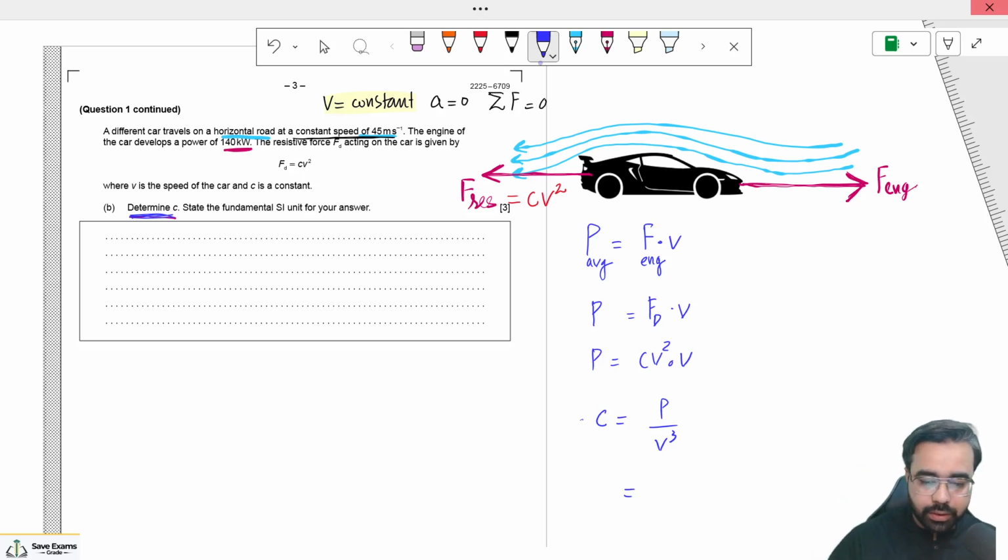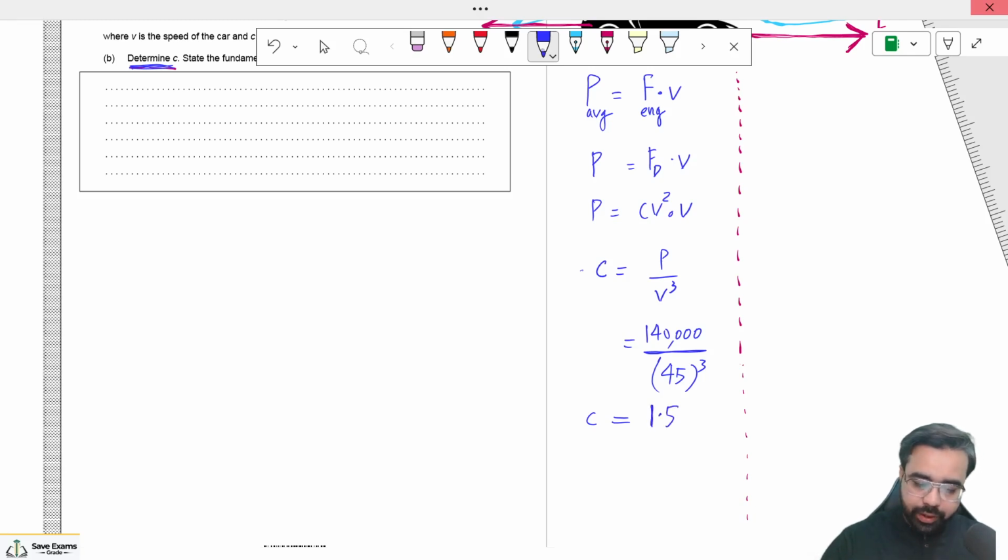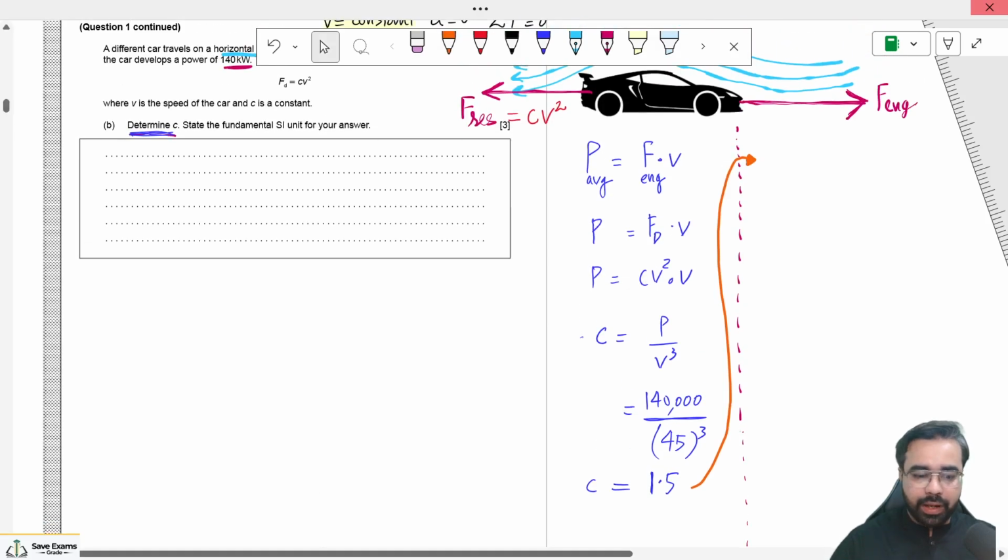For this we will do another procedure. The answer for this coefficient is 1.5, but what should be the unit? Let's check it. Of course, we have to derive its unit from the equation that we have made, in terms of fundamental SI units.